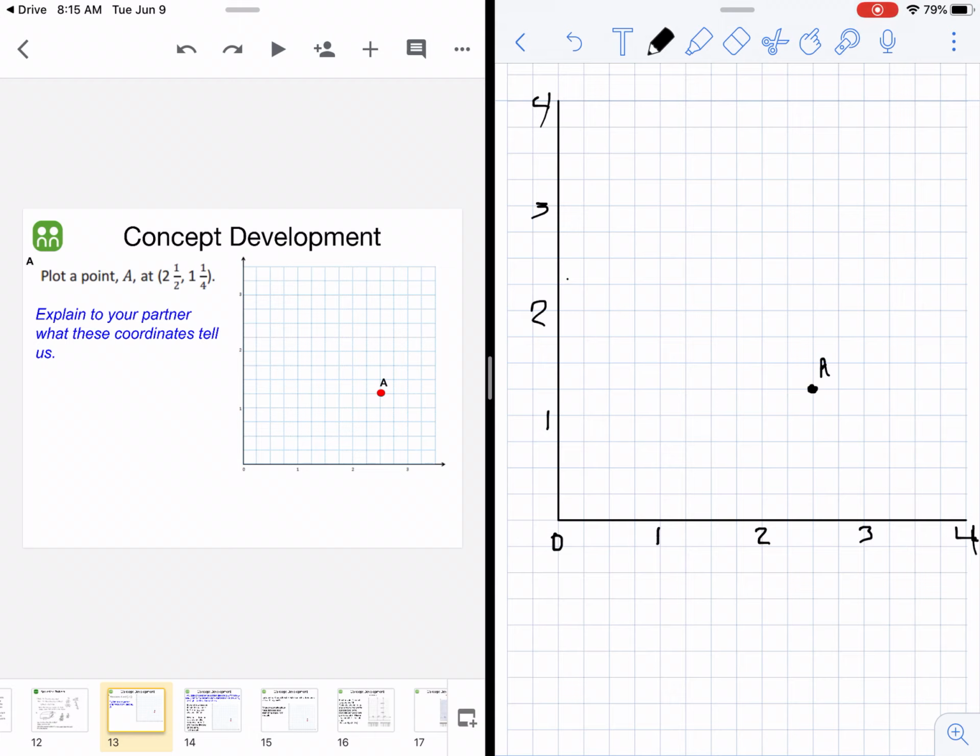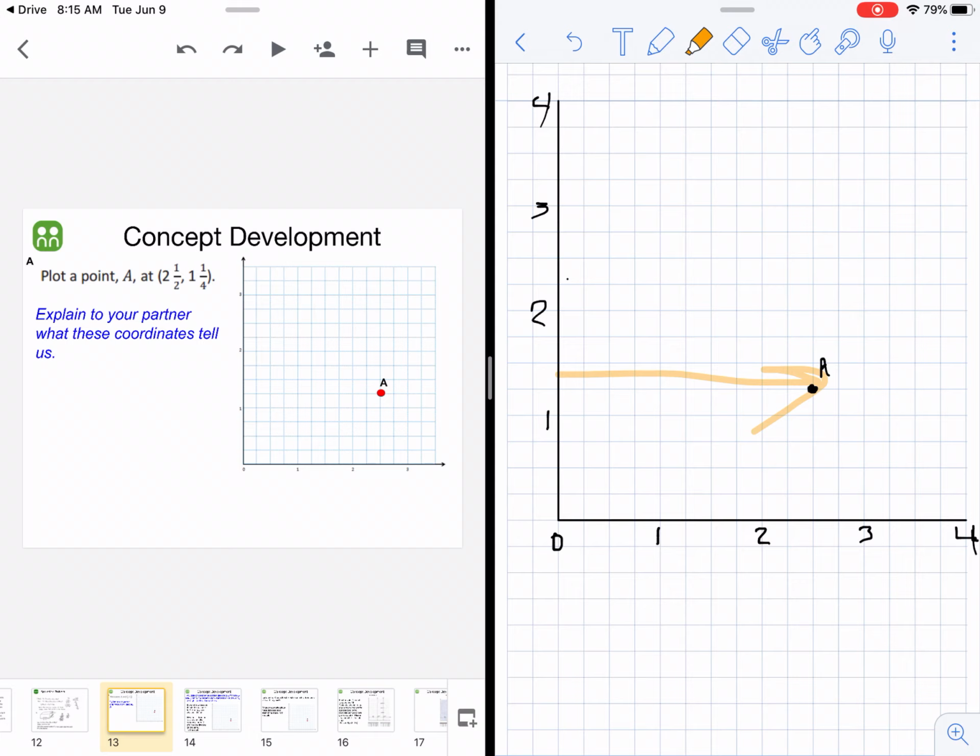Now let's describe the shortest distance to point A from the y-axis. How far is A from the y-axis? Same thing. You just go straight over from the y-axis like this. You go straight over, and it's 2.5 from the y-axis in a straight line.